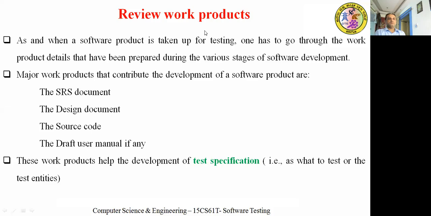Those work products help the development of test specification. That is what we call review work products, step number one. You should go through all these documents so that you can identify what is to be tested.